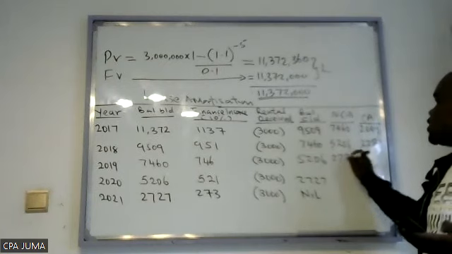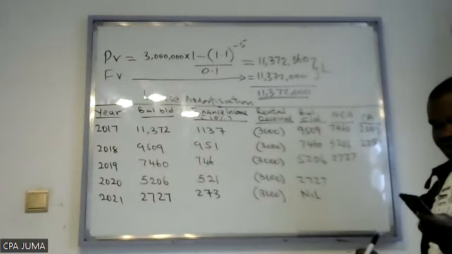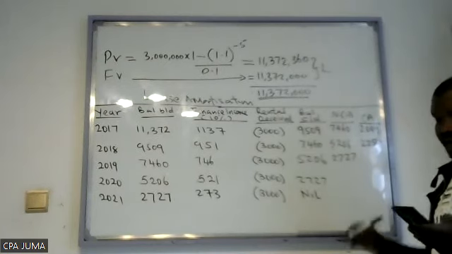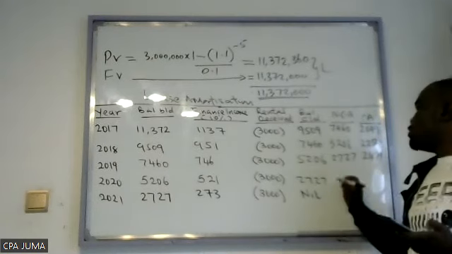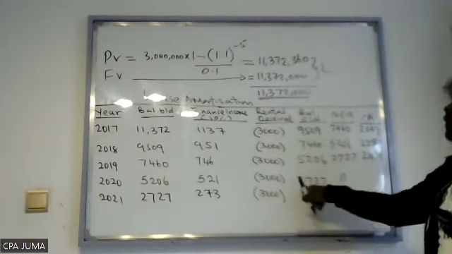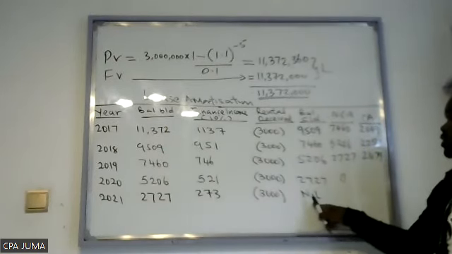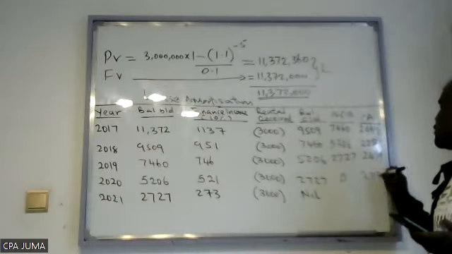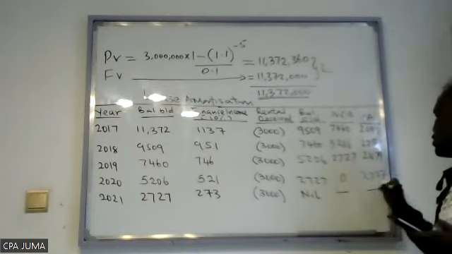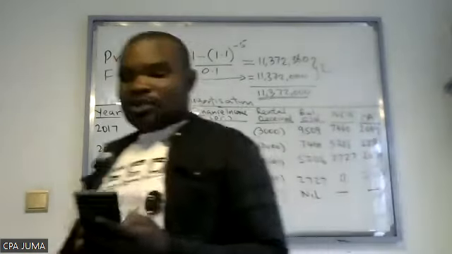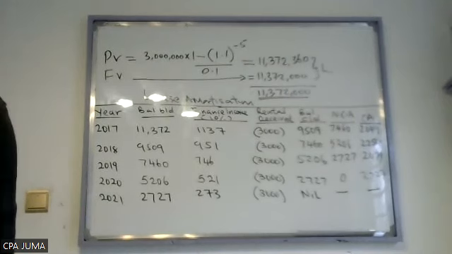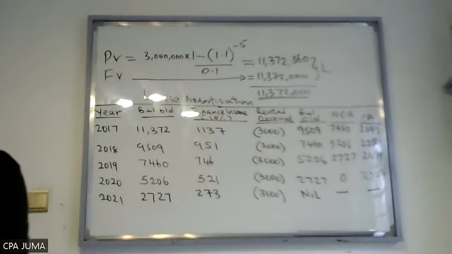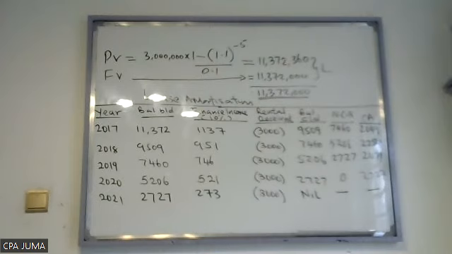Then 5206 minus 2727 is 2479. Then 2727, there will be nothing ahead. So it means this one must be received in the next 1 year. So that will make our work quite easier. So finish that, please.